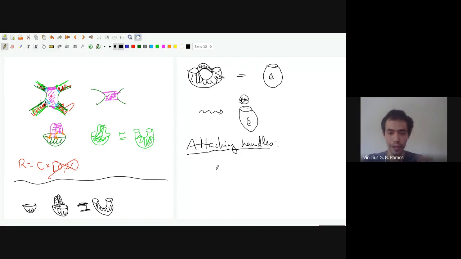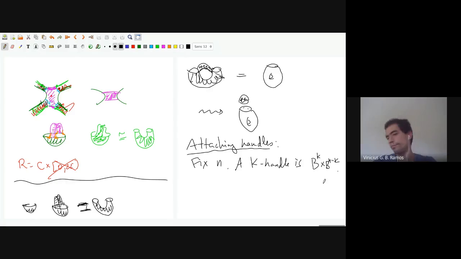Say you're in n dimensions, so say that we fix n, which is the dimension of the manifold. A k handle is basically just B^k times B^(n-k).